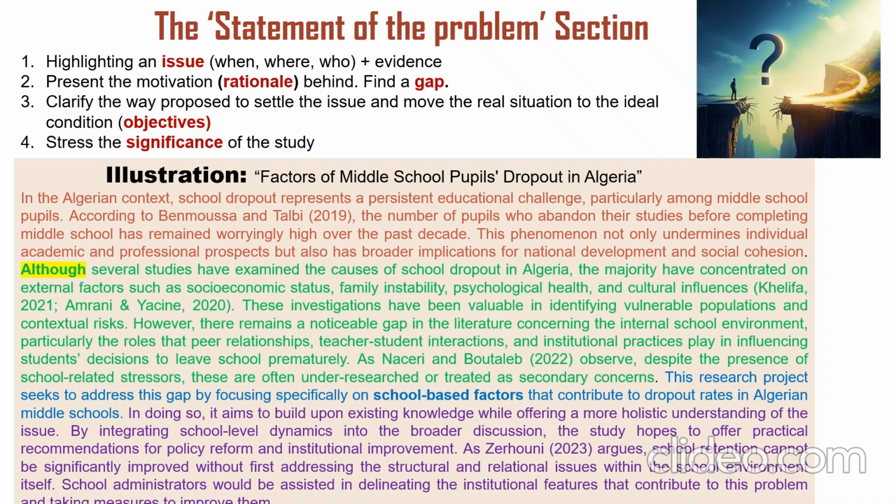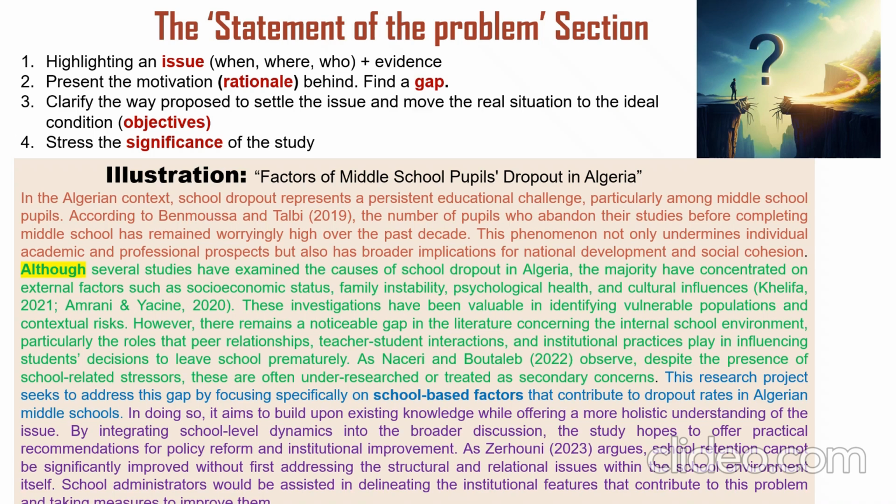Then, as Nasri and Botaleb 2022 observe, here kind of evidence to back up, to strengthen your position, despite the presence of school-related stressors, these are often under-researched or treated as secondary concerns.